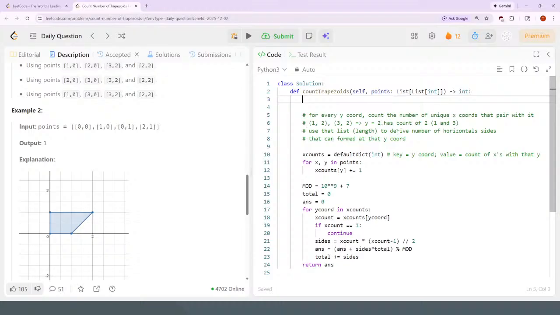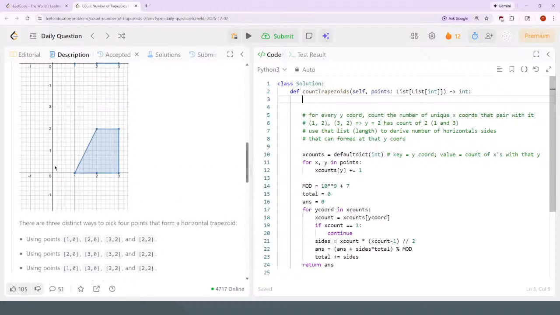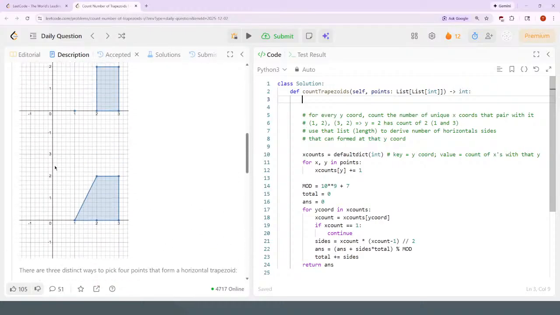Because sorting it would still generate my ability to determine the number of points at a particular Y coordinate pretty quickly.